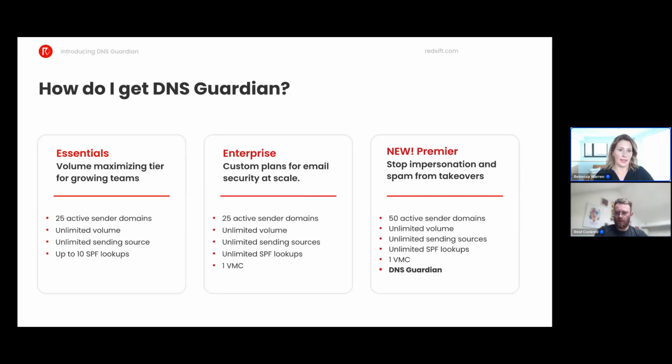What that gives you access to is 50 active sender domains, as well as DNS Guardian. This is available to Red Sift OnDMARC customers through direct sales and through domain protection from Cisco, and updates for MSPs will be coming shortly. But it is available as a new tier, and your CSMs or CSCs are happy to talk to you about what that looks like for your organization.